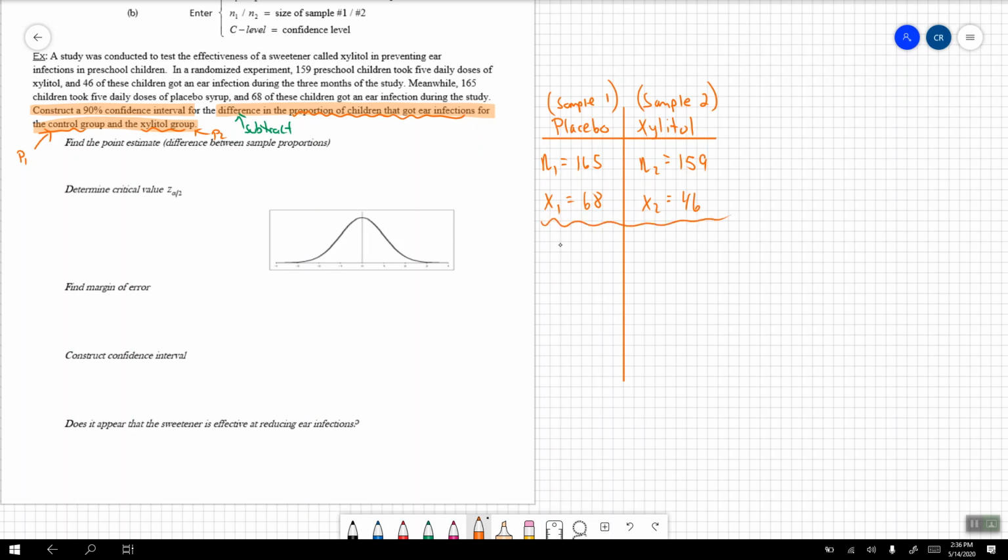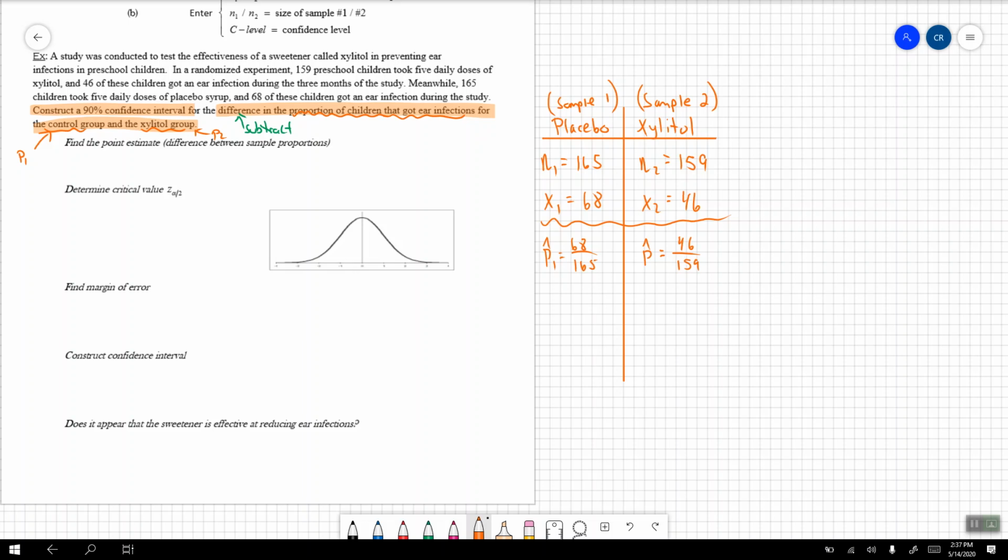Now that we have this, we can generate p hat 1 and p hat 2. P hat 1 is going to be 68 divided by 165. P hat 2 is going to be 46 divided by 159. So let's extract these here.